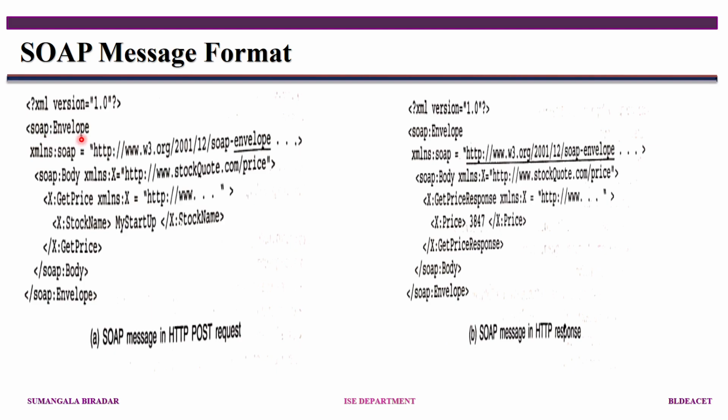Like in HTML, first it starts with the head tag, in the same way here it starts with the envelope, and SOAP, that is your address URI and the destination URI. Now we want the price of this, get price as a request here.